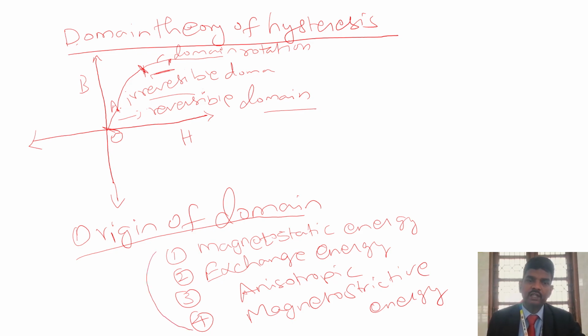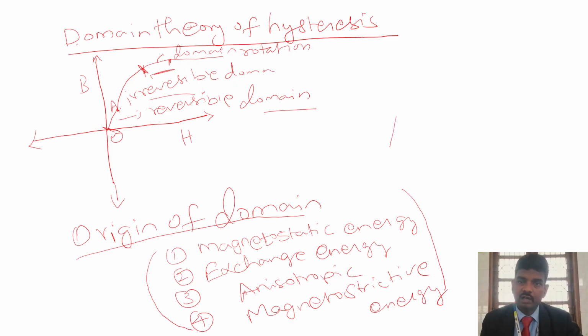Whenever they ask about the origin of domain theory, you have to discuss these four energies: what they are, and how, in order to reach a minimum value, domains are found within the solid.